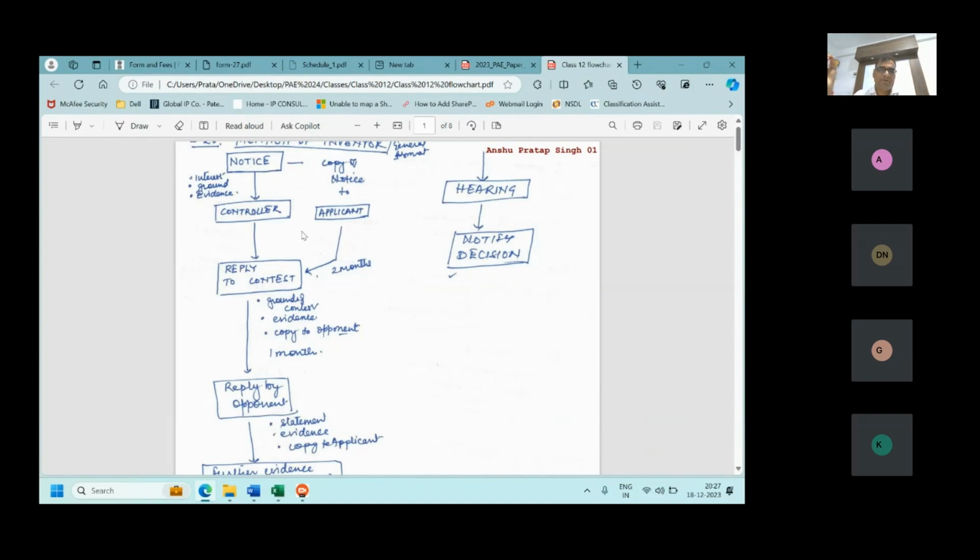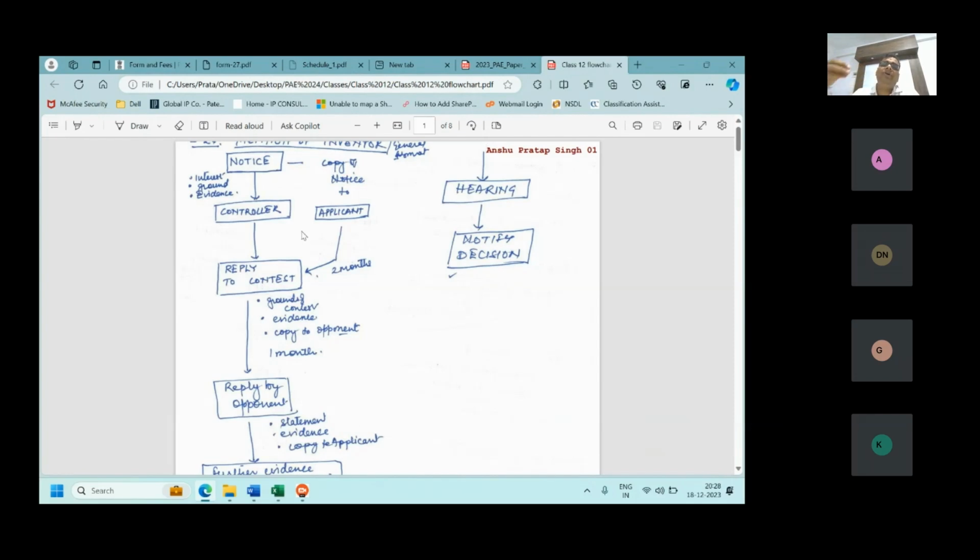First is anyone, whether an applicant, claimant, patentee, anybody. In general, what happens is he gives a notice to the controller. Notice of what? It can be notice of anything. It can be notice of opposition. It can be notice for amendment, anything.